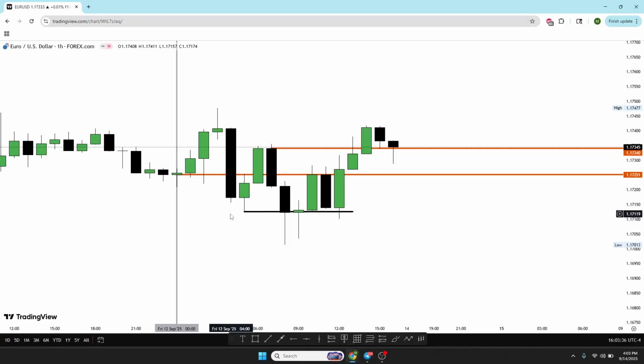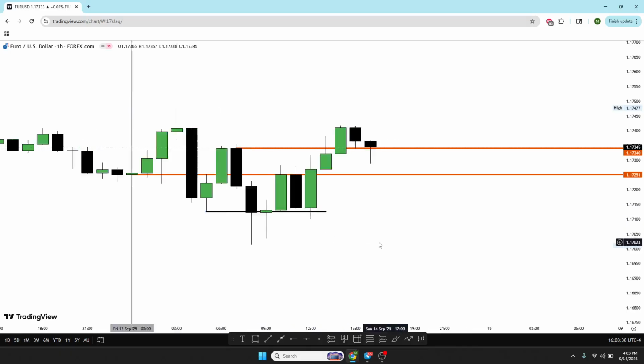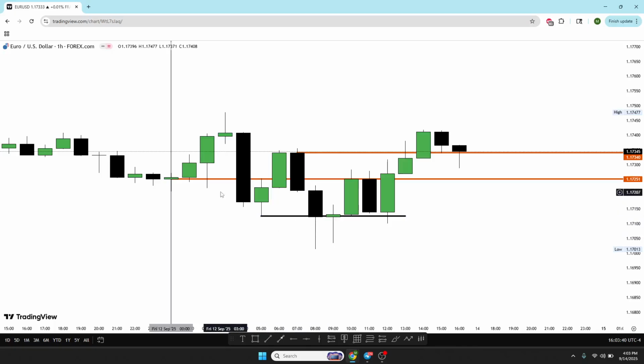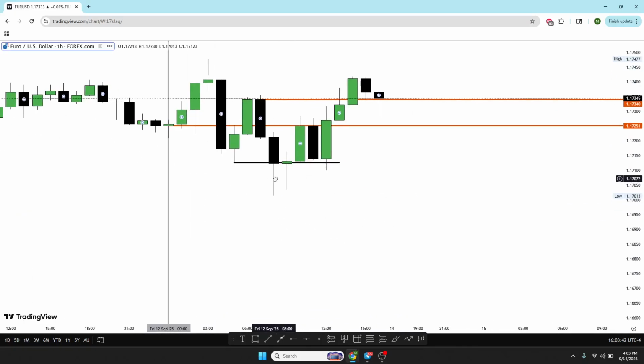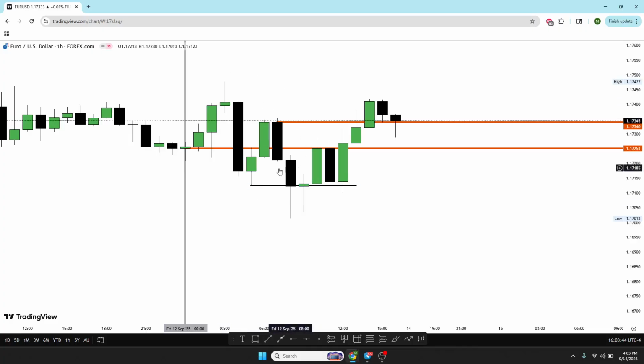Okay, if you guys said the sell side liquidity, you guys are correct. Sell side liquidity rests below old lows, and obviously for the inverse, we'll see it on a 15-minute chart, but the inverse above old highs would be the buy side liquidity.